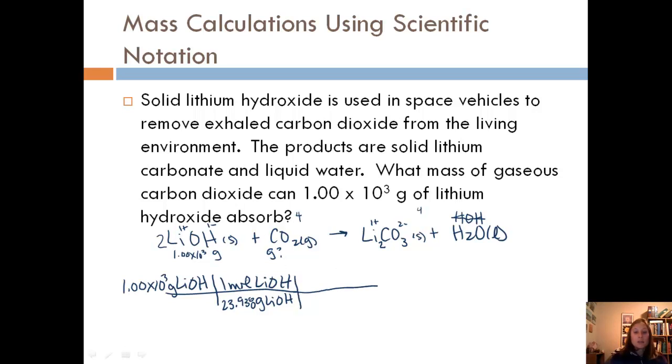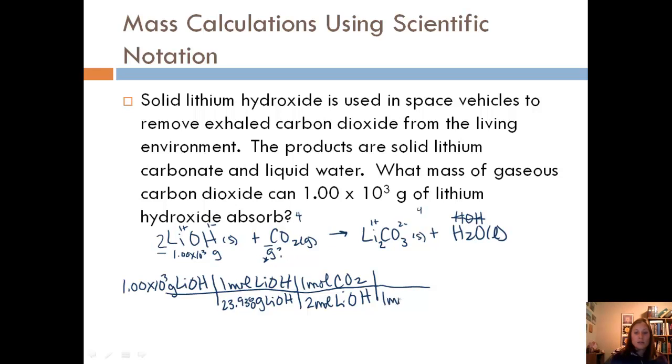Okay, so once we have number moles of lithium hydroxide, then we can use our mole ratio to convert between compounds. And so I know, according to the balanced chemical equation, that for every 2 moles of lithium hydroxide, and it goes on the bottom because I want my units to cancel, we need 1 mole of CO2. And then our next step was to convert moles to grams, so we can get grams of carbon dioxide.